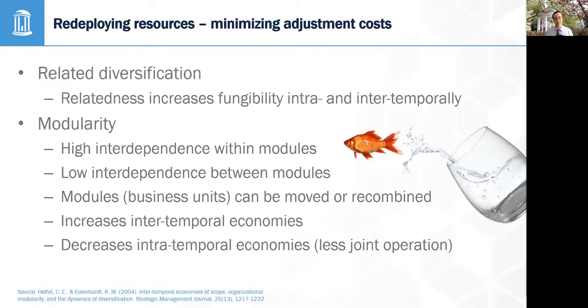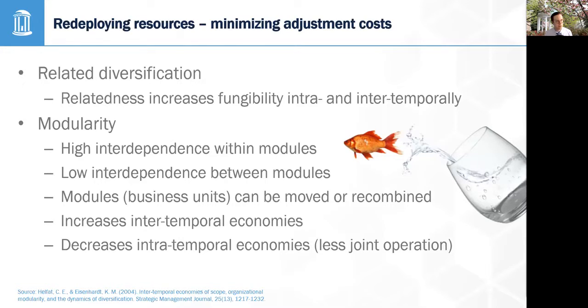In terms of minimizing adjustment costs, one factor that minimizes this is related diversification. Essentially, the more related the resource needs are of two businesses, the easier it is to allocate resources between them. So this relatedness increases fungibility intra- and intertemporally.